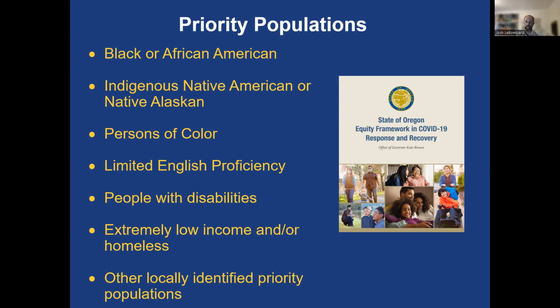While local conditions vary substantially around the state, grant applications should describe the applicant's consideration of the following priority populations: Black and African American, Indigenous, Native American or Native Alaskan, persons of color, limited English proficiency, people with disabilities, extremely low income and homeless, or other locally identified priority populations.